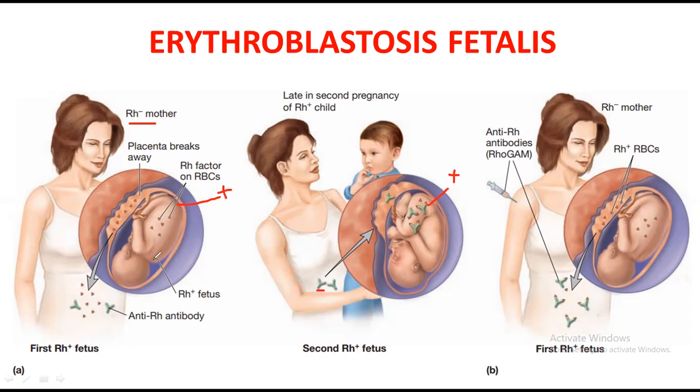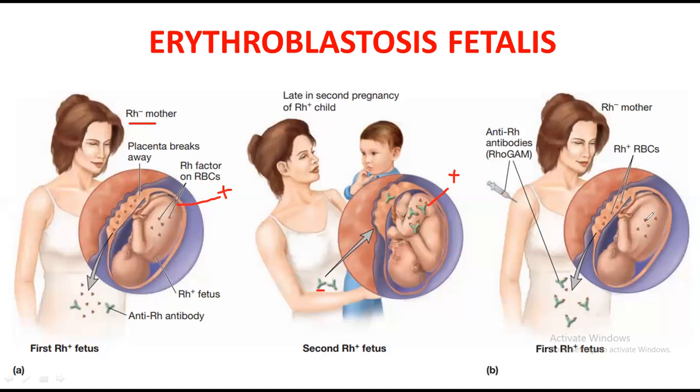So in this case, what the doctors do is introduce anti-Rh antibodies that bind to the antibodies present inside the mother that are specific to the Rh antigen, and they stop the activity of that antibody.